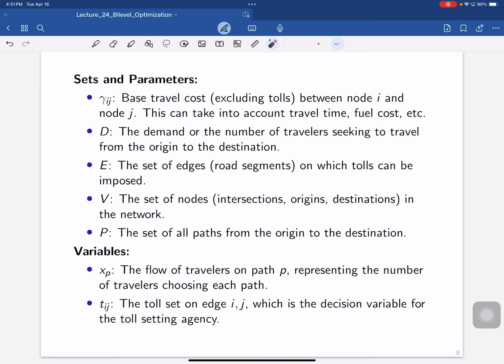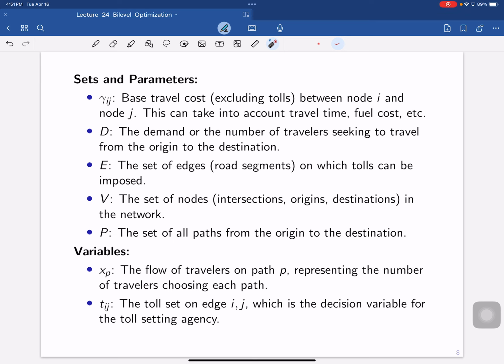In the previous case, we only have 2 paths. Now after the tolls are set, the travelers will decide how they are going to choose the path. So we use this variable xp to denote the number of travelers choosing each path. And then Tij are the variables set by the toll setting agencies.